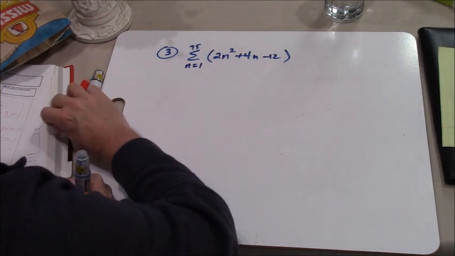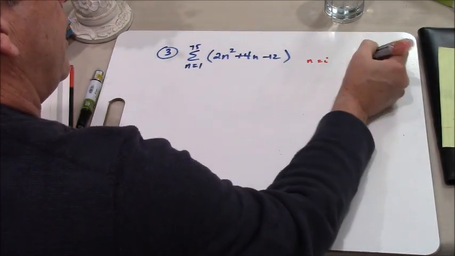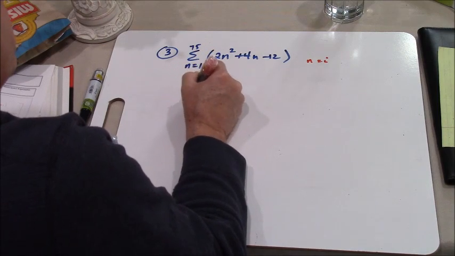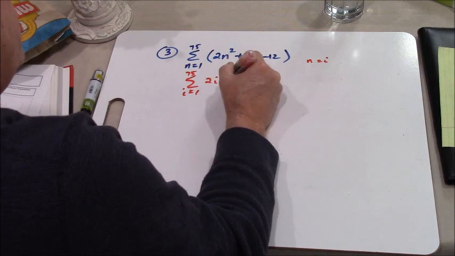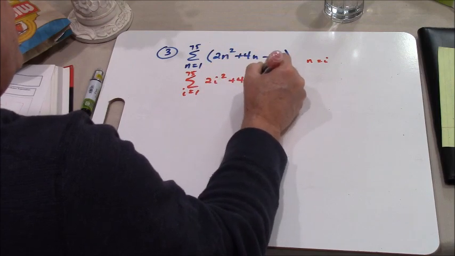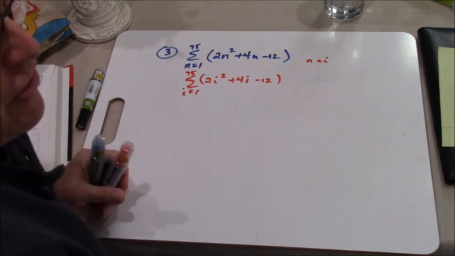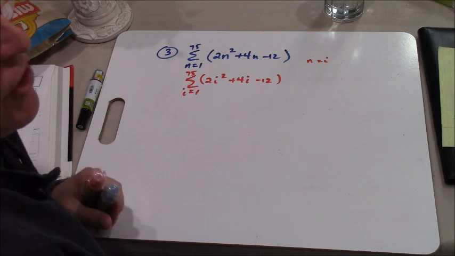If you want to, you can just say n equals I, and then rewrite the problem, summation for I equals 1 to 75 of 2i squared plus 4i minus 12. And that might make it a little easier just because now it matches our formulas. You guys go ahead and give it a shot.